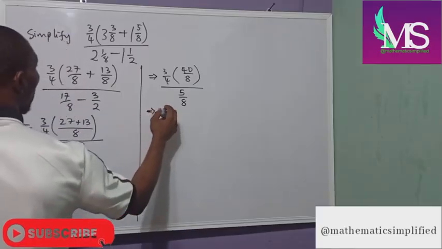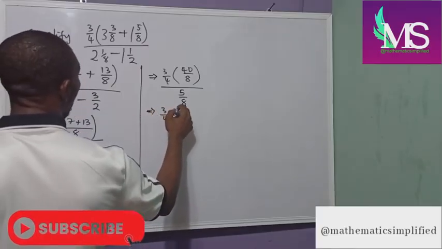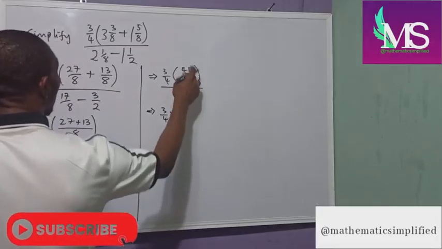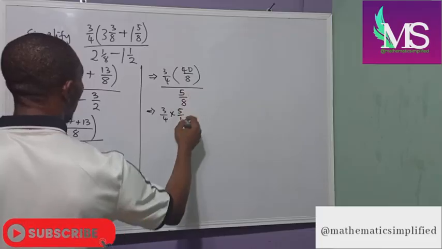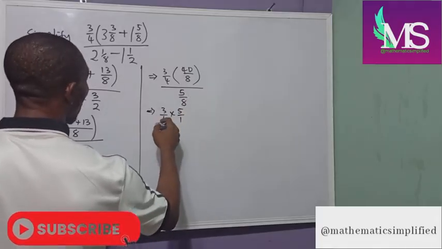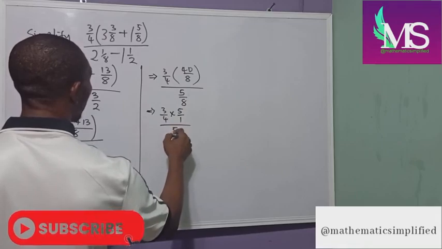So this will now have as 3 over 4 times 5 over 1, divided by 5 over 8.